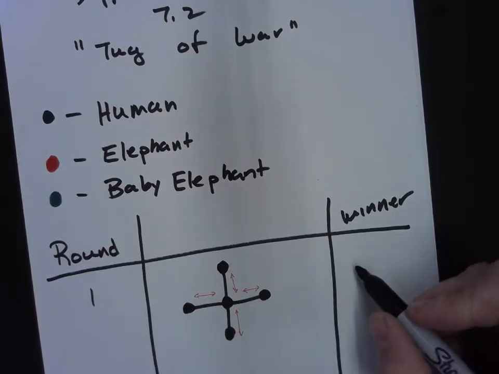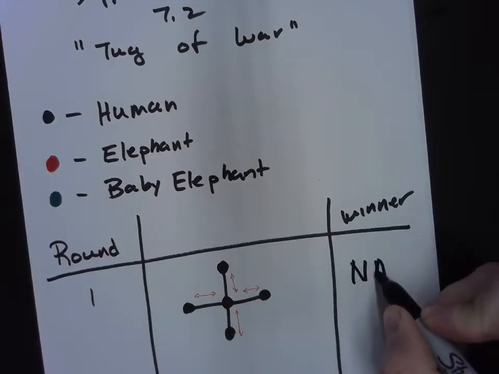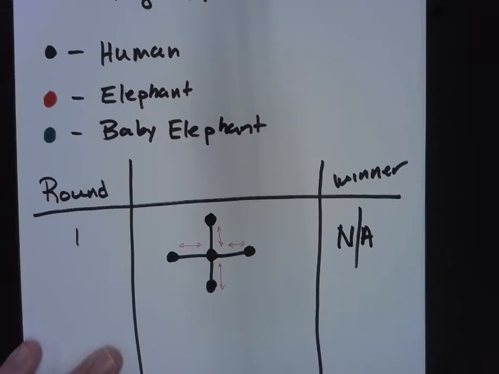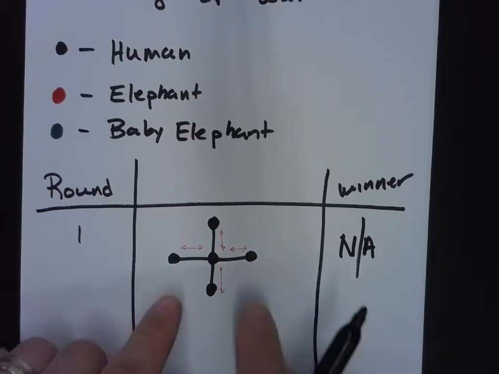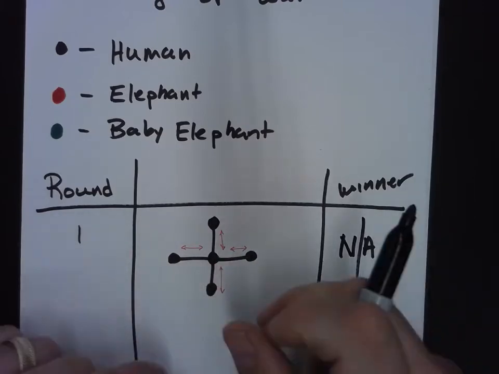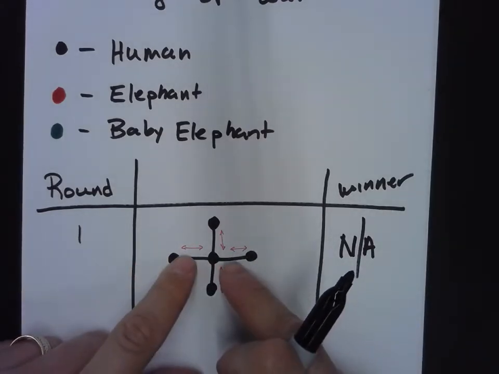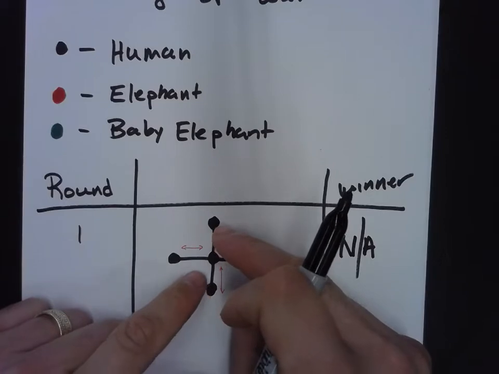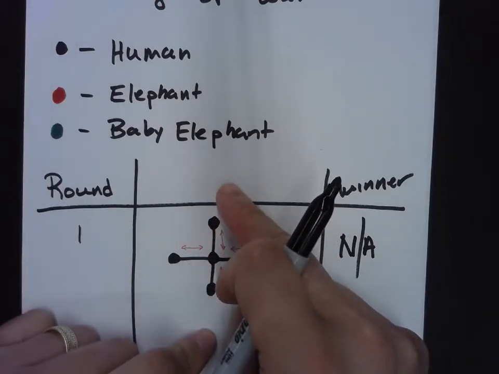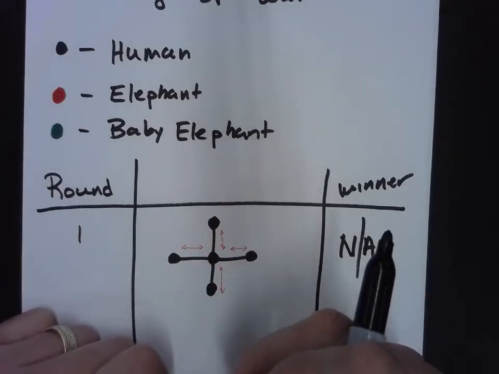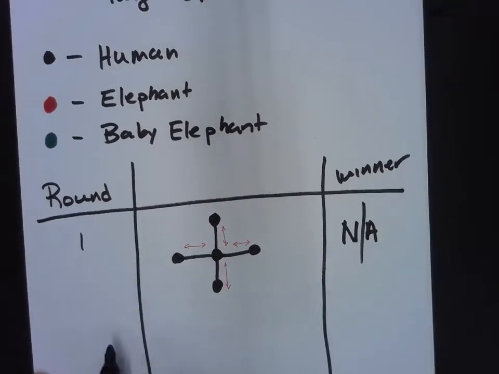Who would the winner be? You don't have a winner in our theoretical game of tug of war, because these two are pulling out this way against each other, while you got someone else pulling towards the center, and these guys are pulling out that way. Remember now, they're all equally matched, so you don't really have a winner. So round one, no winner.